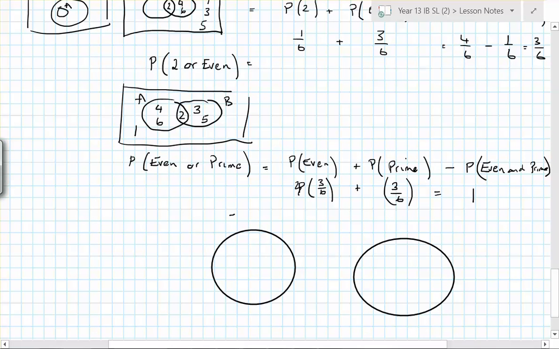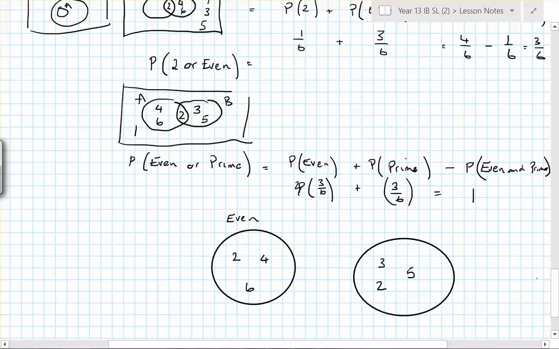Alright? So even numbers on a dice are 2, 4 and 6. Prime numbers are 3, 5 and 2.